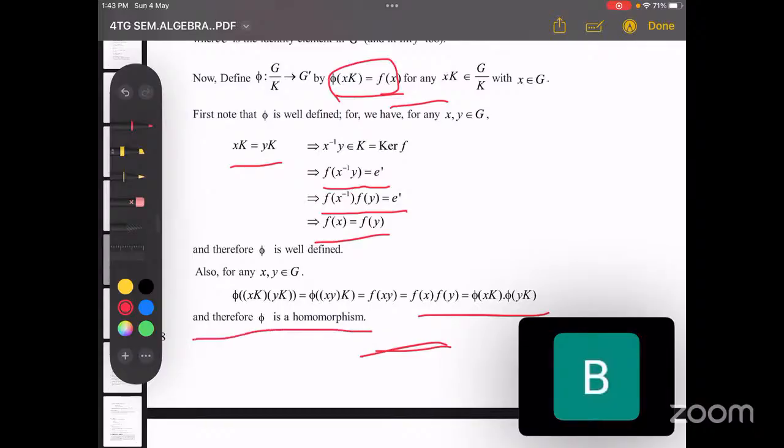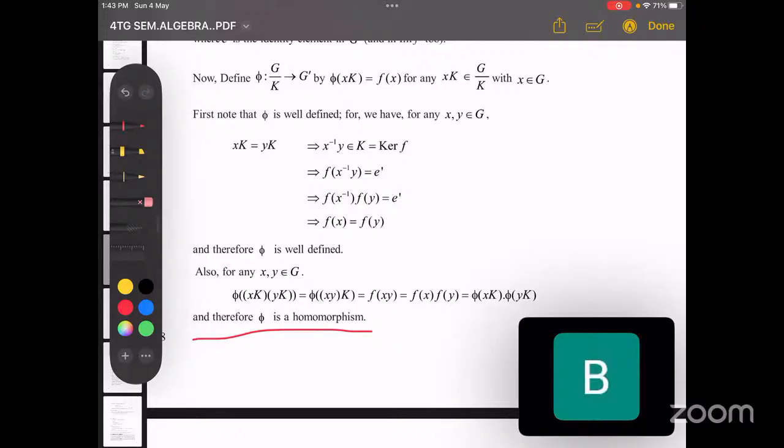Therefore, pi is a homomorphism. First we have proven it is a well-defined function. Next, we have proven that it is a homomorphism.